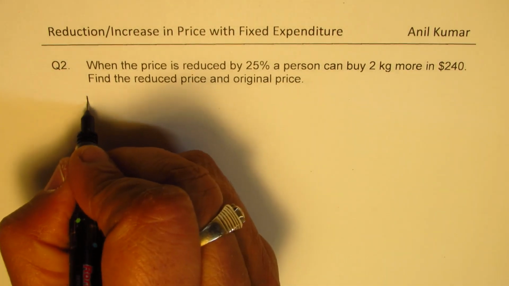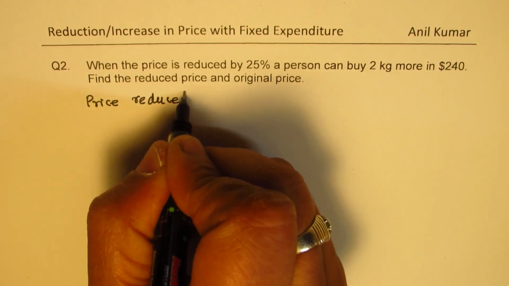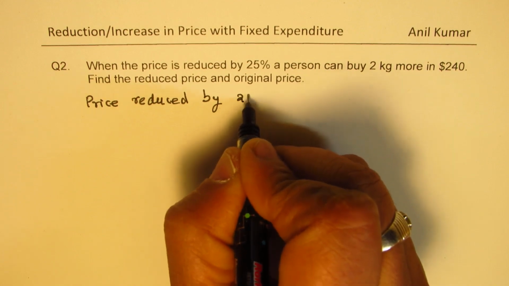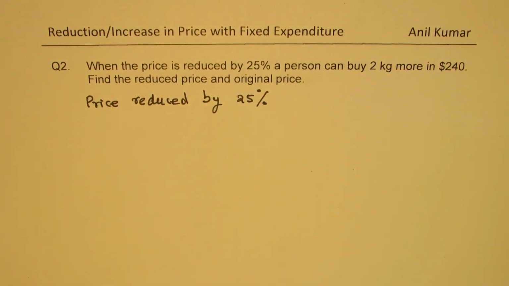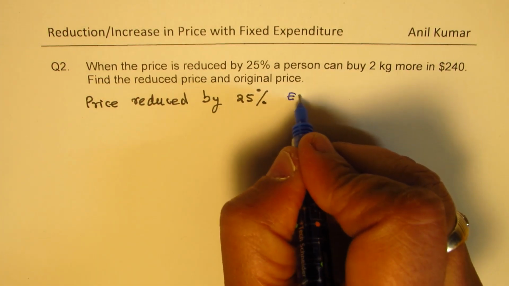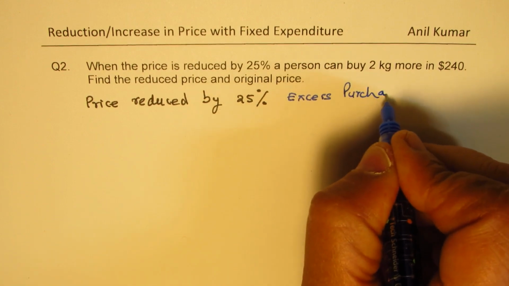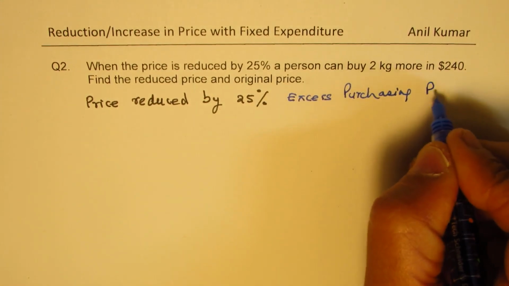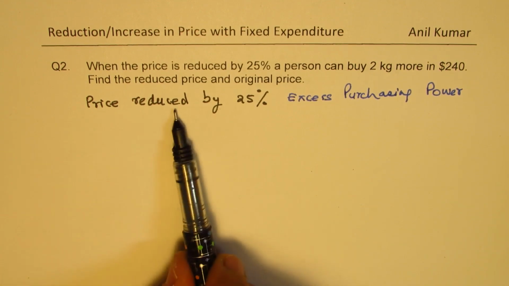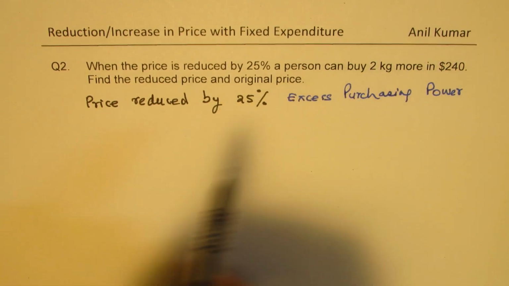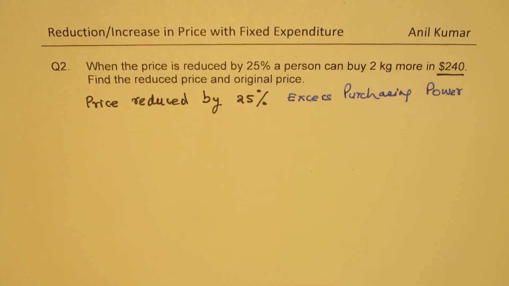So price reduced by 25%, that means we have excess purchasing power. We are only investing $240, right?